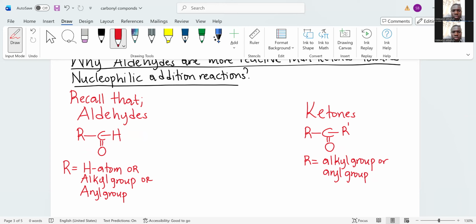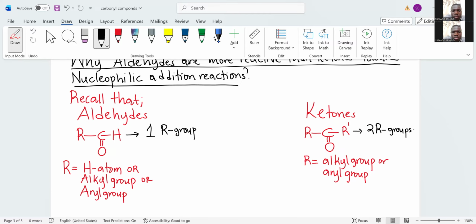You realize that the aldehydes are made up of one R group. I have defined what R represents. Aldehydes are made up of one R group. Then here ketones are made up of two R groups.